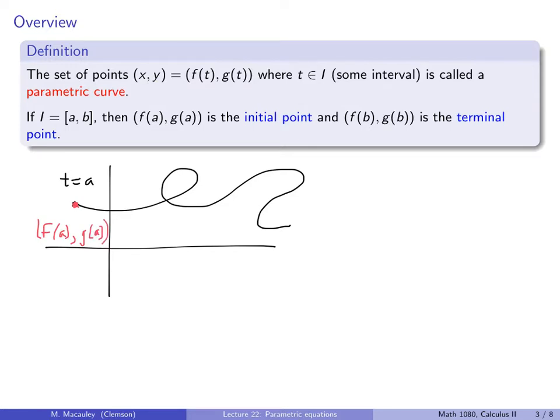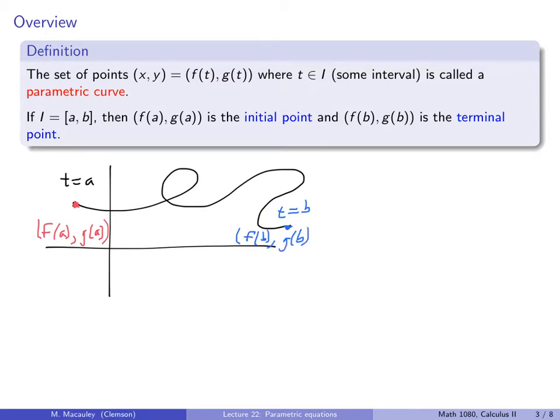Now as time increases, the ant is walking along this path until finally, at time t equals b, the ant reaches this endpoint. Let me draw that in blue. The ant is here at time equals b, and this is literally the point f of b, g of b.